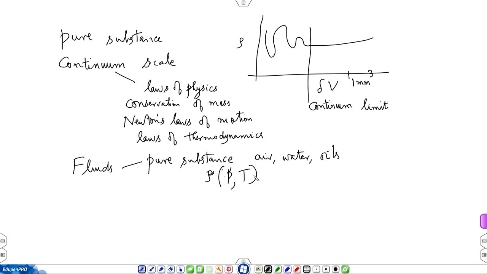Of course, these are not just constants, they may change from point to point, but you can feel on the macro scale an internal pressure P and temperature T. This density will depend on the pressure and temperature prevailing at that location.